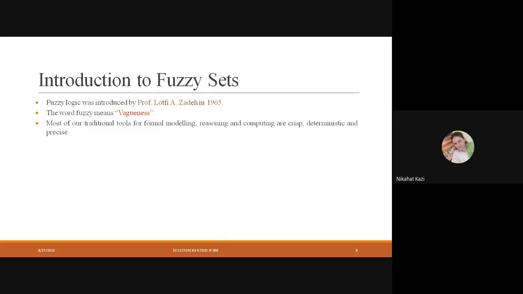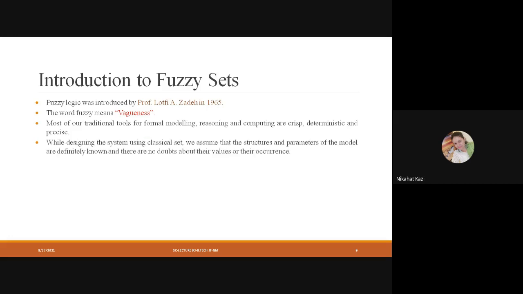The kind of reasoning that is done using traditional logic is very crisp, deterministic, precise, and everything is very fixed. So it is not simple for us to use the same to model a real world scenario. You cannot go for the classical set every time. You need a different kind of model to represent the real world scenario, and that is the fuzzy set. Okay.